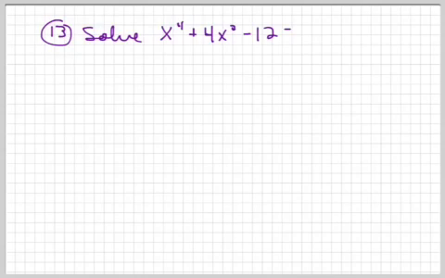13, we've got solve x to the 4th plus 4x squared minus 12 equals 0. This is not quadratic, but it does have what we call quadratic form to it.